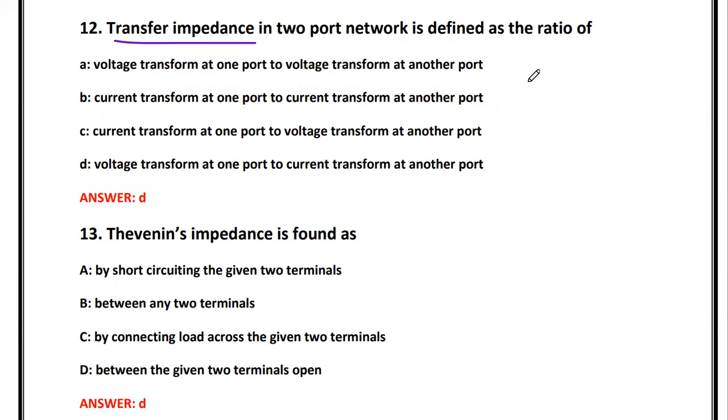Impedance is nothing but the ratio of voltage by current. So transfer impedance is the ratio of voltage at one port to current at the other port. That's why D is the correct option: voltage transform at one port to current transform at another port.